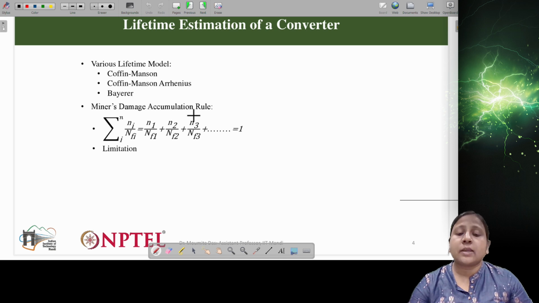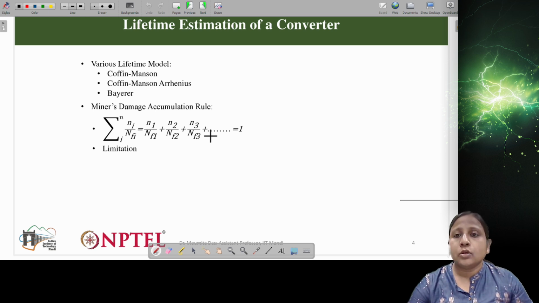This means the damage accumulation has reached the maximum level, so the device cannot operate at that time. These are the methods we need to use to find out how long the system can operate. Then only can we say that this much time it will operate properly.